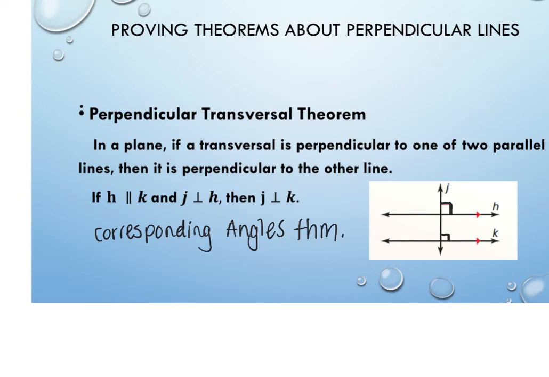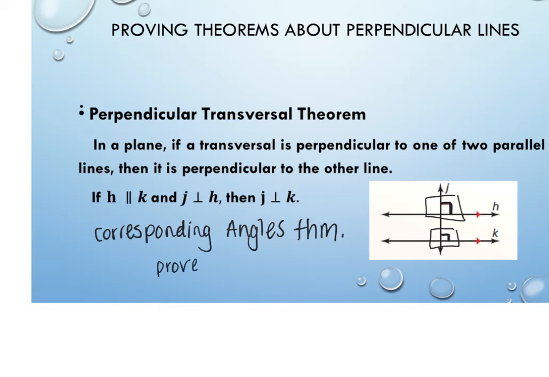It says that if that angle up top, the angle between the intersection of J and H, is 90 degrees, then the corresponding angle down below, since H and K are parallel, must also be 90 degrees.